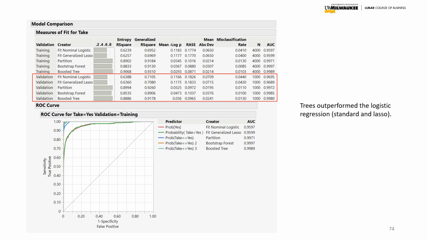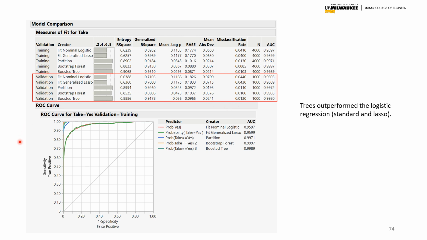I then went to the Model Comparisons platform to get side-by-side comparisons across these different methods. We see for the validation data that clearly the trees are doing better when it comes to measures like RASE. They have lower values compared to the Logistic and Lasso, and also lower overall misclassification rates.